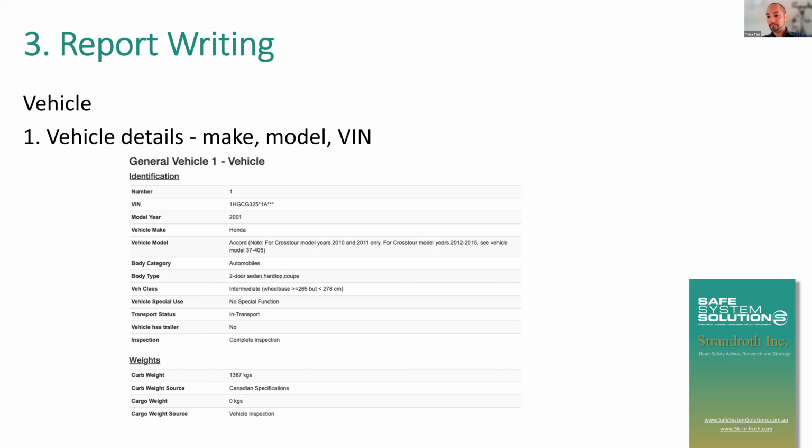Sorry, yep. There's just an observation that the diagrams don't seem to be using road names or street names on there. Is that intentional? Great question. It is intentional, and the reason is that NASS CDS data is available to the public, and for privacy reasons they remove all that data or don't document it in the first place.